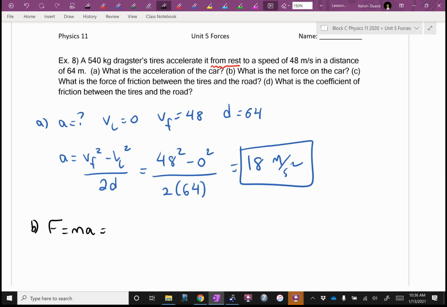It says F net, ma. No need to go winner minus loser, I've done that already. So what was the mass? 540 times 18, which is what? 9720? Anybody else?